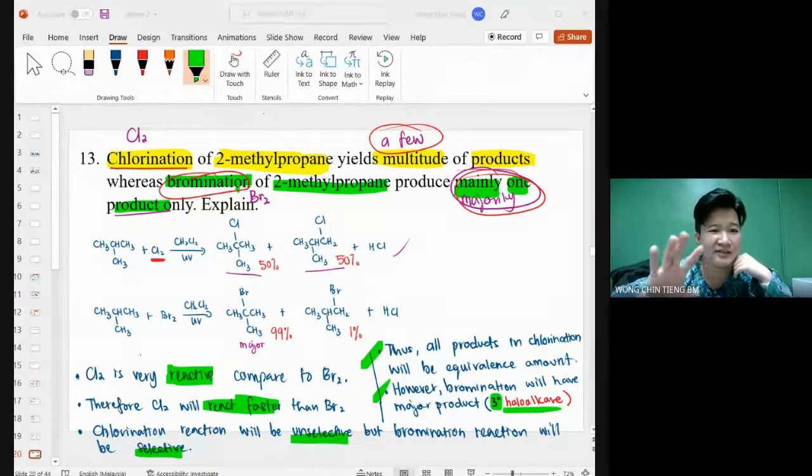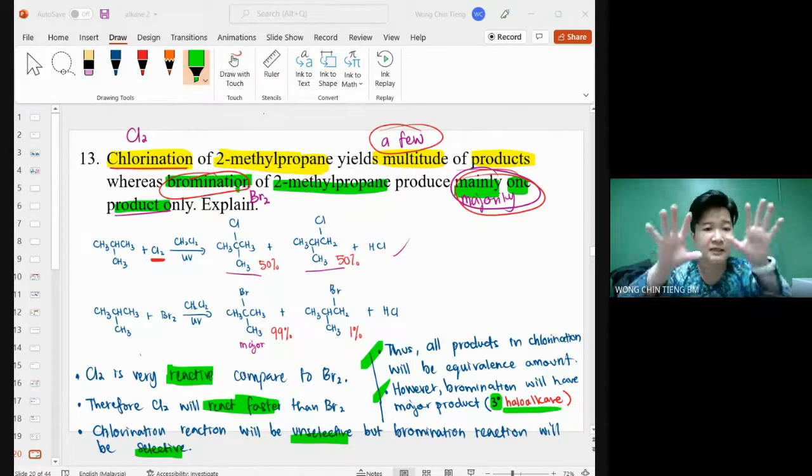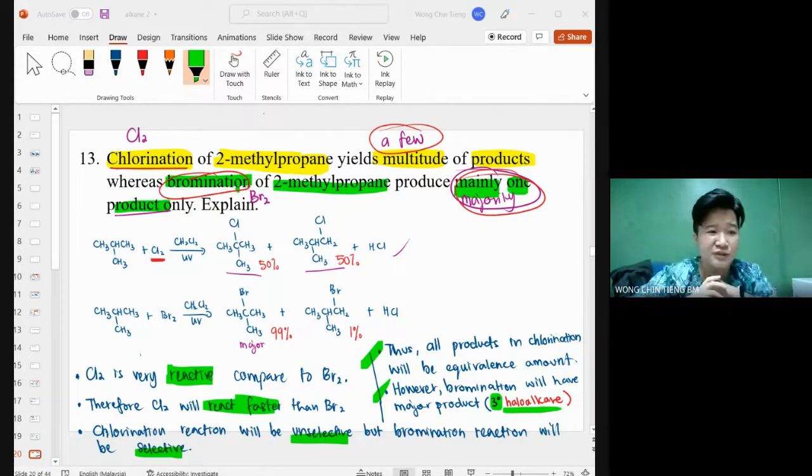Why chlorine don't have? Dia takkan tanya soalan macam tu. Nampak? So whenever you have the same thing, 2-methylpropane, butane, ataupun hexane, ataupun cyclopropane, tak kisahlah, tapi dia buat chlorination, dia buat bromination, jawapan dia satu je. This thing. Dia takkan ada jawapan lain. When you are doing bromination to the same thing, you're doing chlorination to the same thing, soalan dia mesti tanya pasal ni. Okay. Boleh?